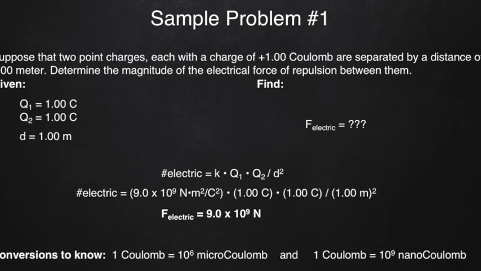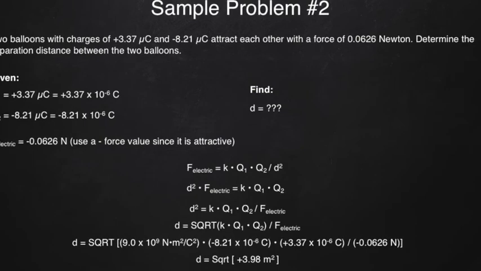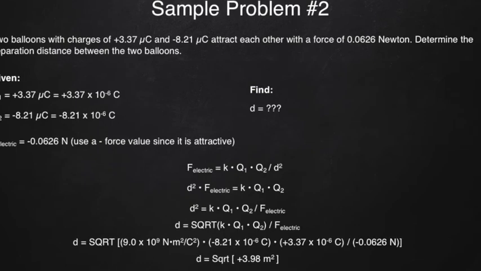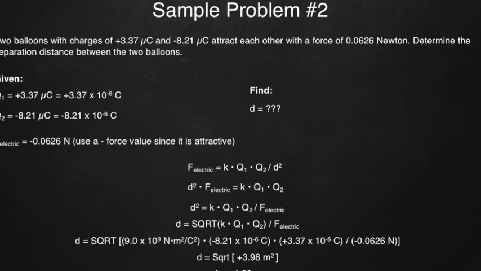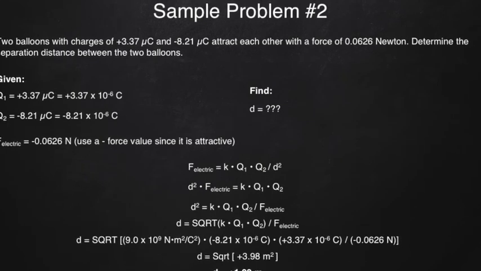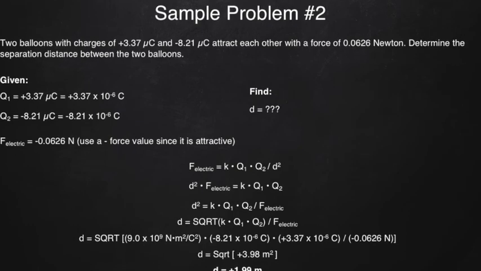Sample problem 2: 2 balloons with charges of positive 3.37 microcoulombs and negative 8.21 microcoulombs attract each other with a force of 0.0626 newtons. Determine the separation distance between the 2 balloons.